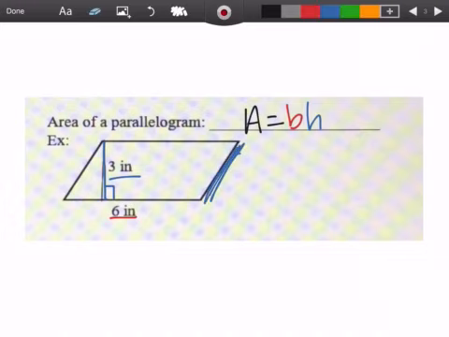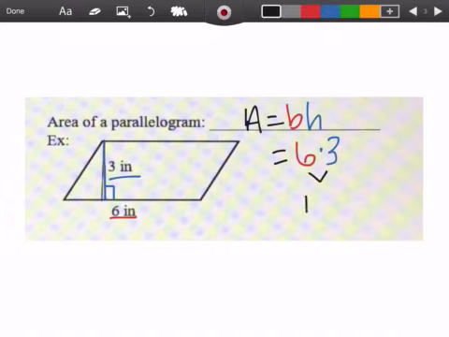It's different from a rectangle in that. To solve this, I'm going to plug in 6 as my base times 3 as my height. 6 times 3 is 18, and it's 18 inches squared. Super easy. Rectangle and parallelogram are very easy.